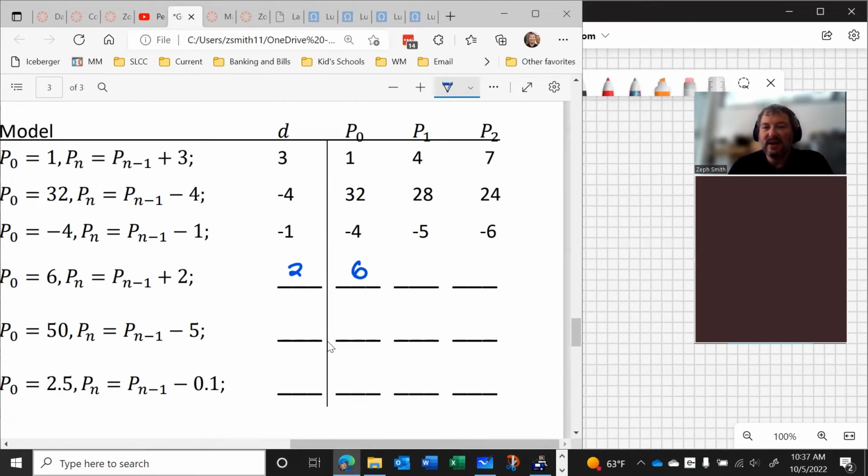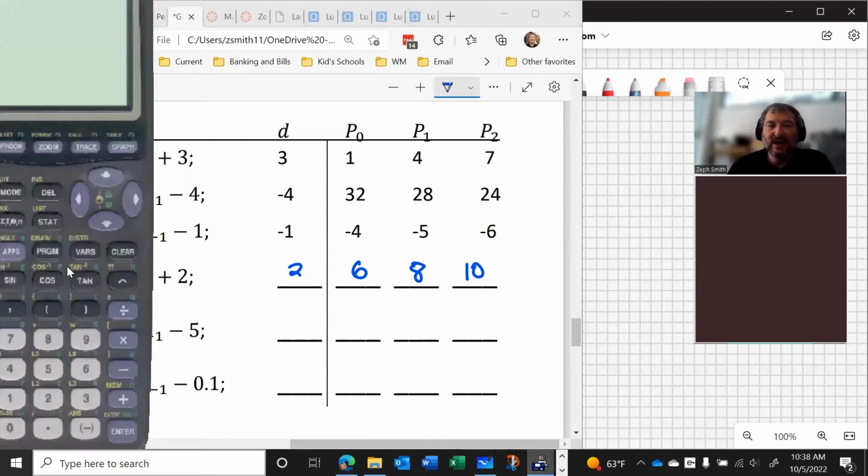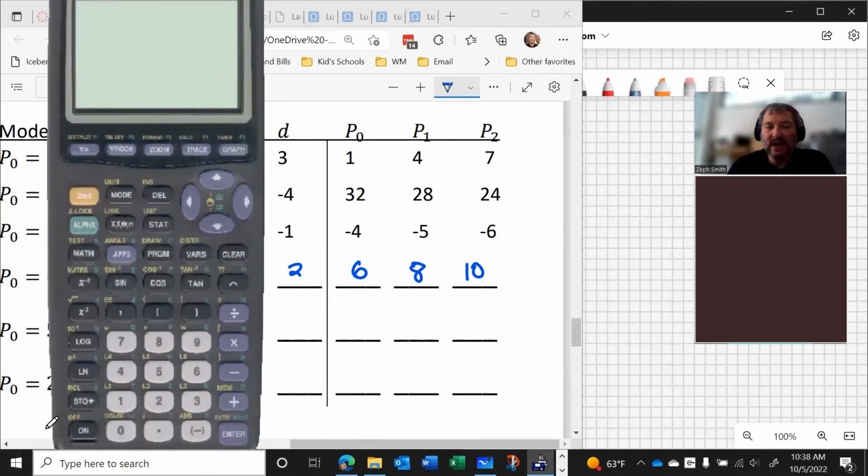If this is an add 2 sequence, what's the next value? 8, and then 10, and then etc. Interesting thing about this: if you take a value in a linear model and subtract the previous value, the difference is 2. 8 minus 6 is 2.